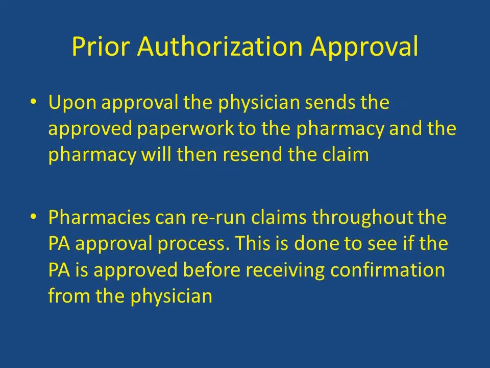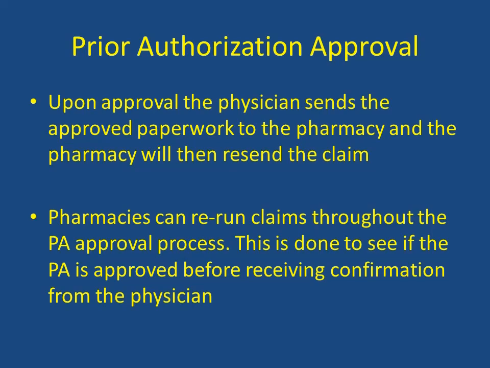Upon approval, the physician sends the approved paperwork to the pharmacy, and then the pharmacy resends the claim. Pharmacies can rerun claims through the PA approval process to see if it is approved before receiving the confirmation from the physician. From the time that it's first initiated, the pharmacy can resend the claim if there's no confirmation sent to them, because 90% of the time we don't get that confirmation and we have to reprocess the claim to see if the PA was actually approved.